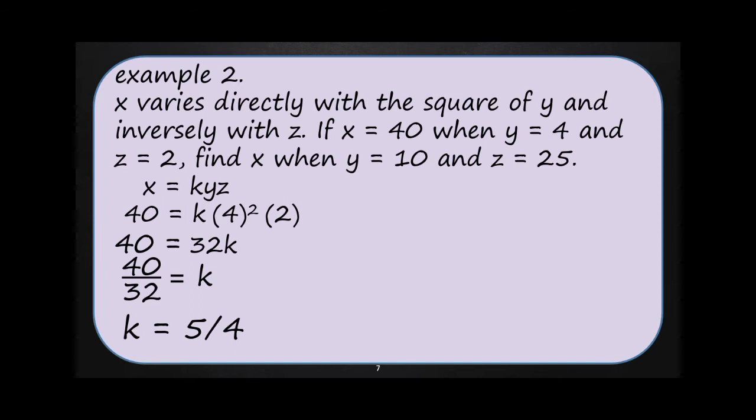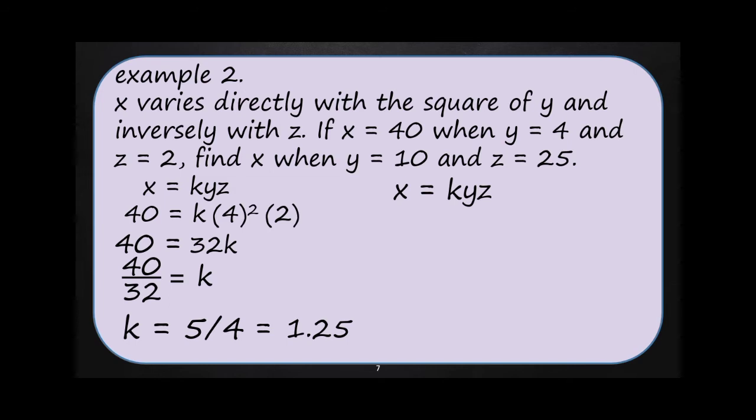Divide 40 by 8, that's 5. Then, 32 by 8 is 4. So, the value of k now is 5 over 4, or this is equal to 1.25. So, we are going to find now x when y is 10 and z is 25.